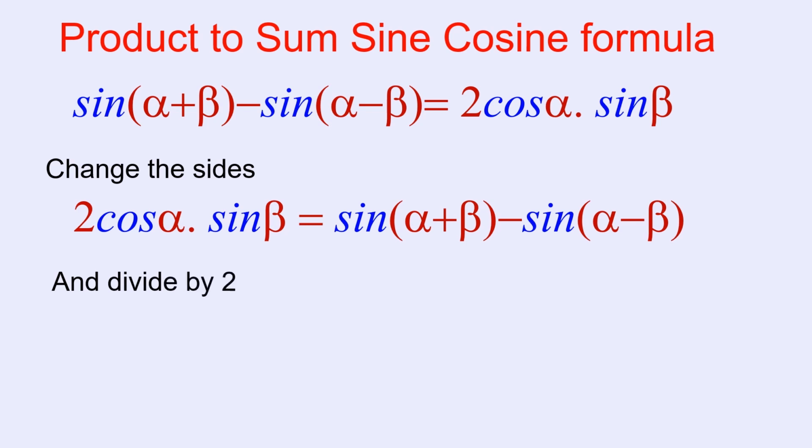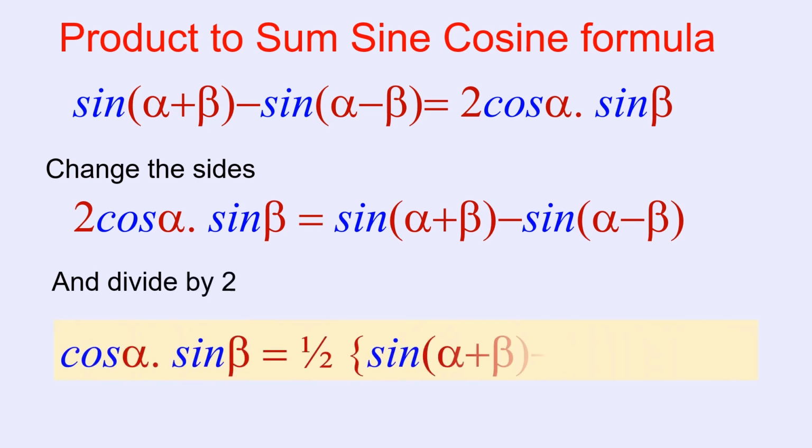Change the sides and divide by 2, we finally get the required formula, that is, cosine of alpha into sine of beta equals half times sine of alpha plus beta minus sine of alpha minus beta.